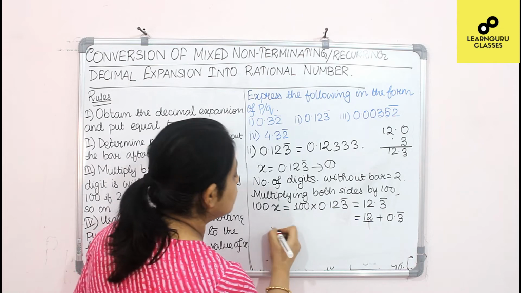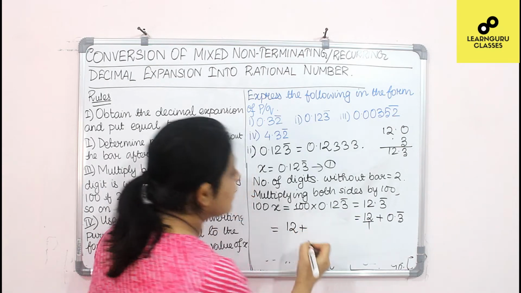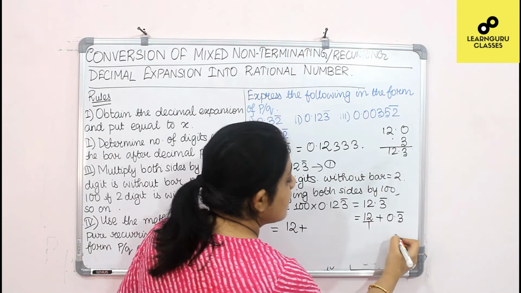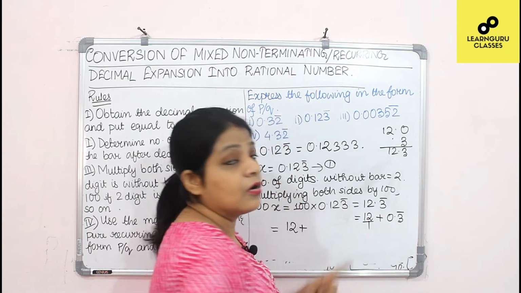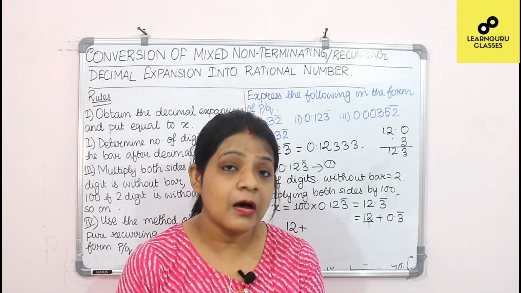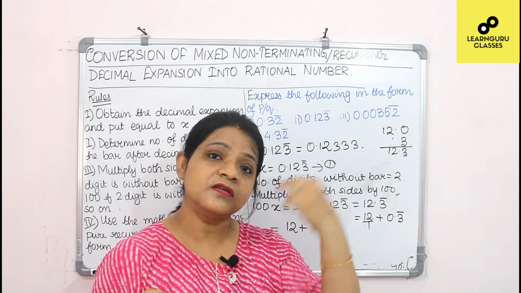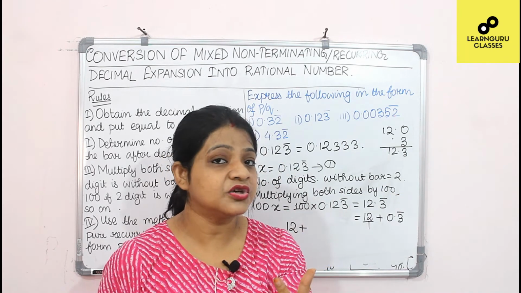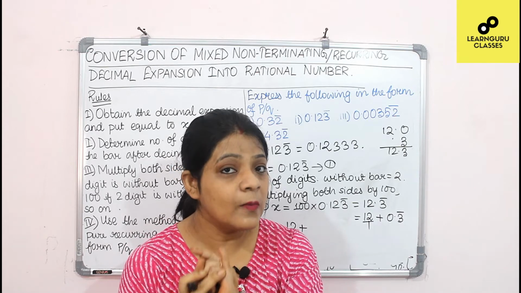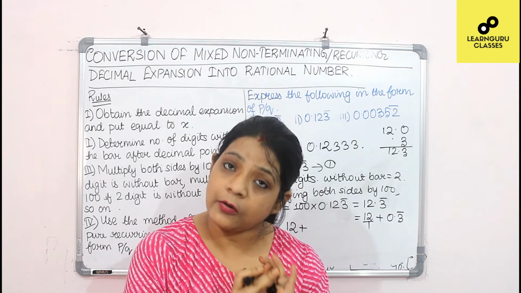So how will you do so? I have told you the trick. 0.3 bar means only one digit is under the bar. So in the numerator, since you are to convert it into a rational number, you need a numerator and a denominator.